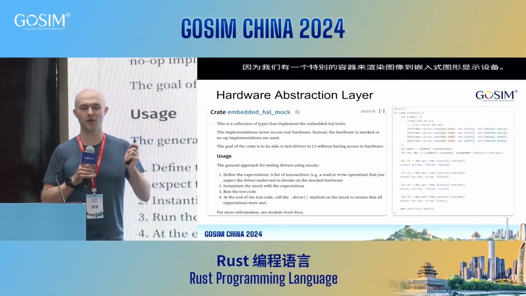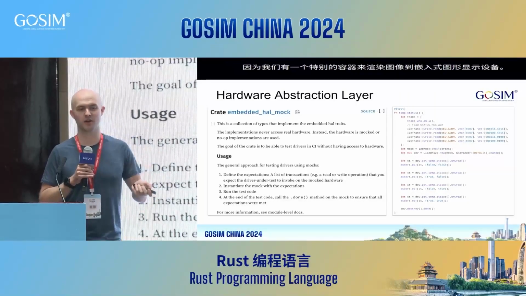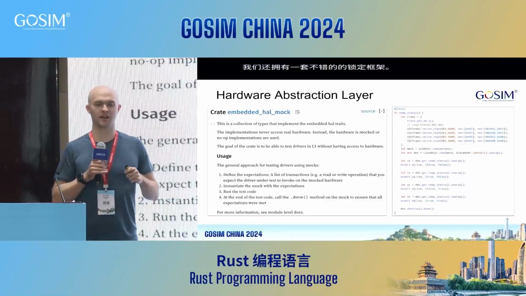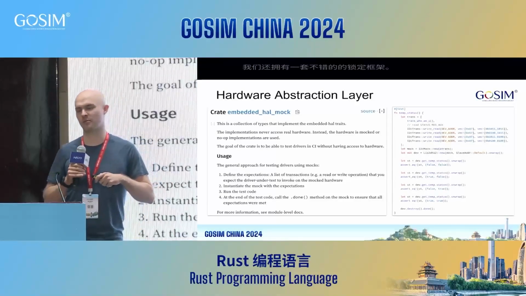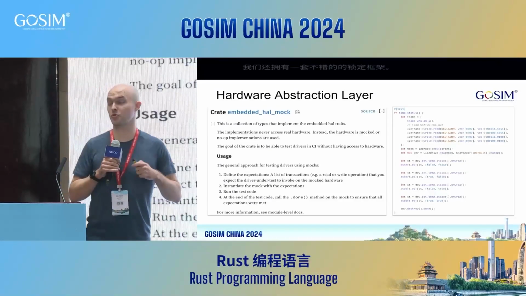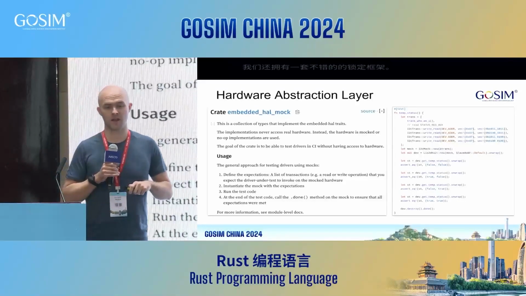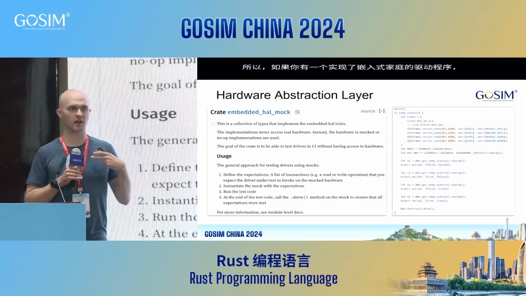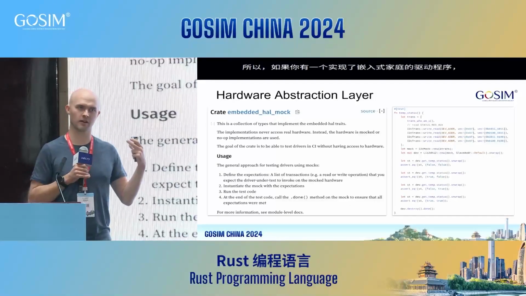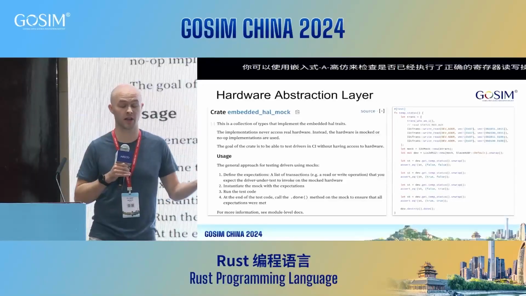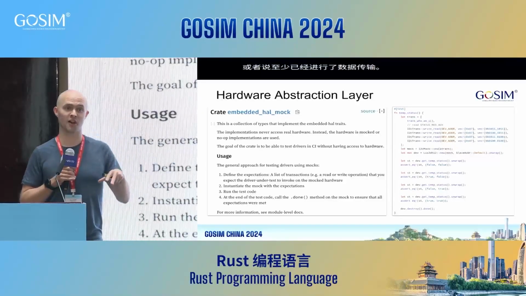So if you have a driver that implements embedded HAL, you can use embedded HAL mock to check whether the correct register reads and writes have been performed, or at least transfers have been performed, let's say, in the case of SPI. So what I do in a professional context is I download the vendor-provided driver and application, if there's an example application, and I put probes on the copper lines.